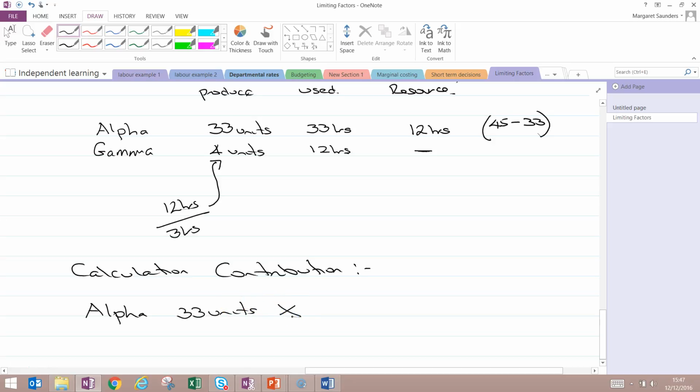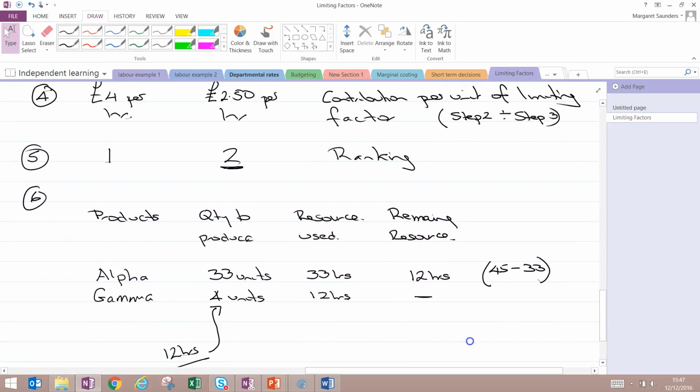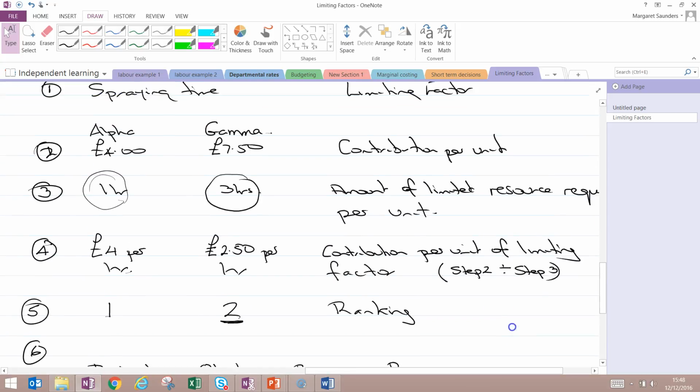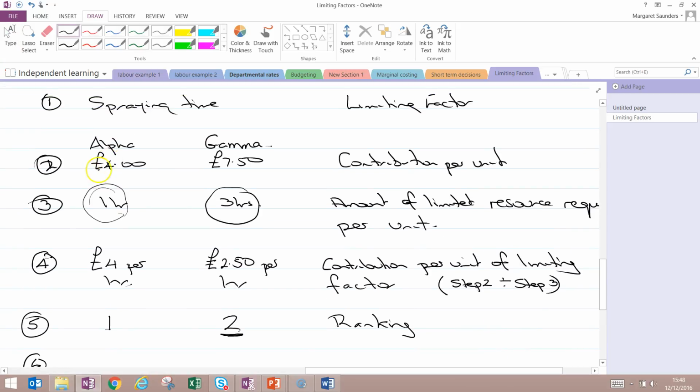Multiply that by the contribution per unit. And you will have calculated this. It was step 2. Alpha gives us £4 per unit. Remember, we're talking about the number of units we're producing, so we need to pick out the contribution per unit figure. The gamma gives us £7.50.